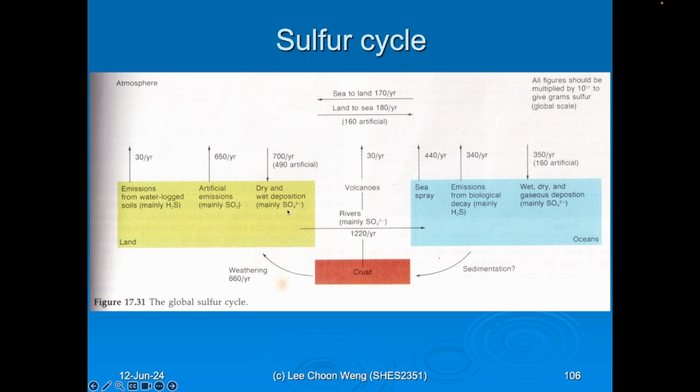And when it rains, you have wet deposition, and sometimes you have dry deposition from dust, mainly in the form of sulfate. So whatever is not recycled is usually sedimented back into the Earth's crust, and it is from the weathering of the Earth's crust that we obtain the sulfur here.